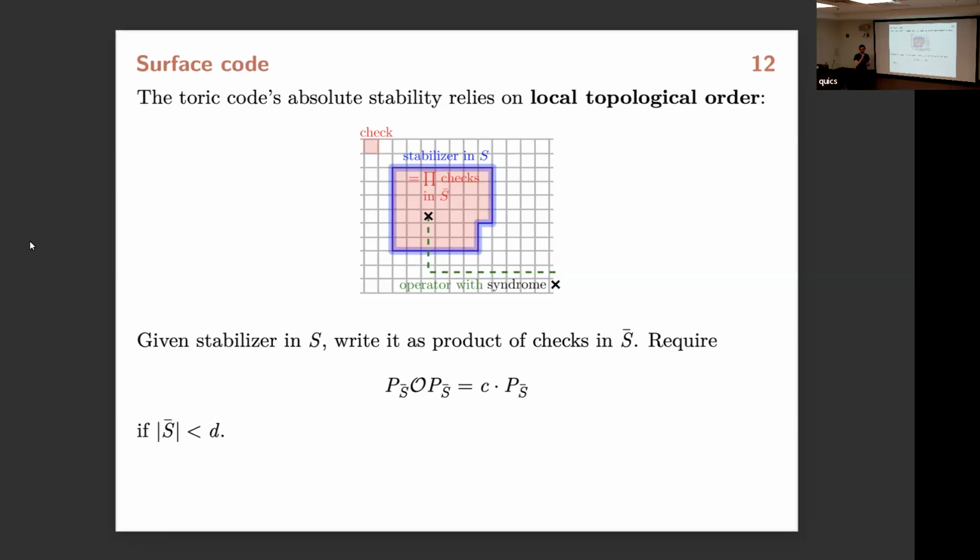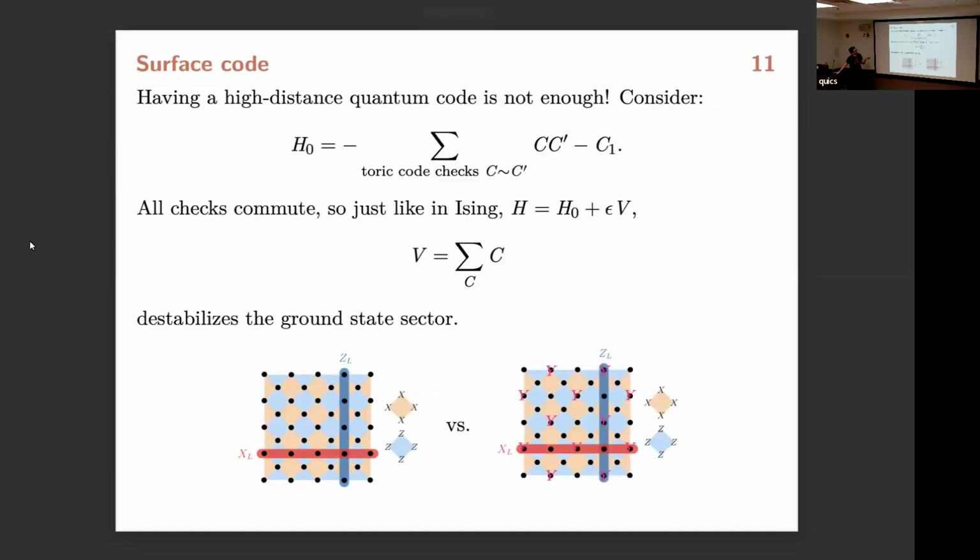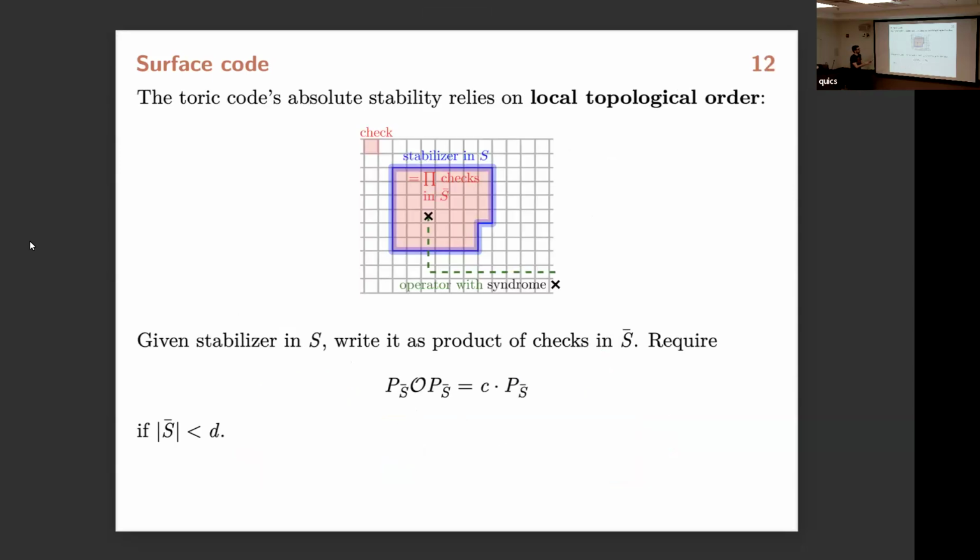I'll show you that later. Sufficient, but necessary, I don't think we know it's necessary. Sure, I would say sufficient. In an example like this, obviously it doesn't have local topological order. Yes, it's sufficient, that's fair.